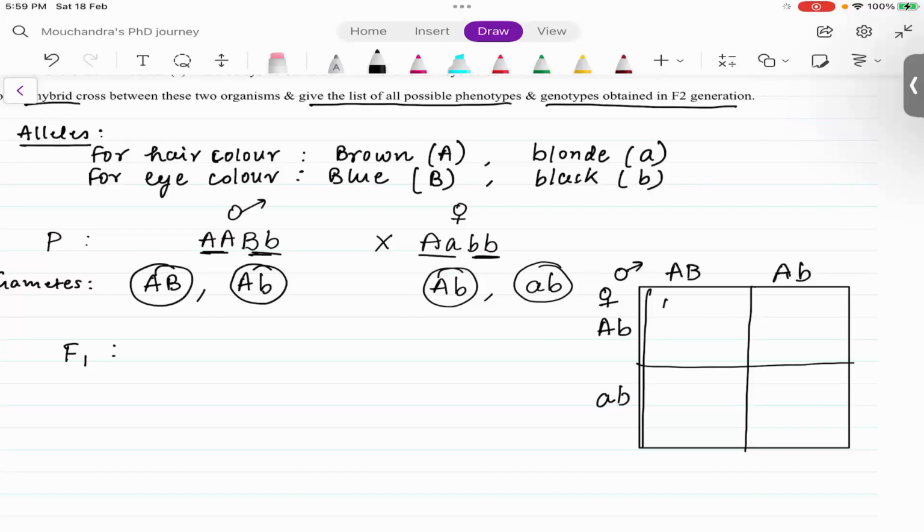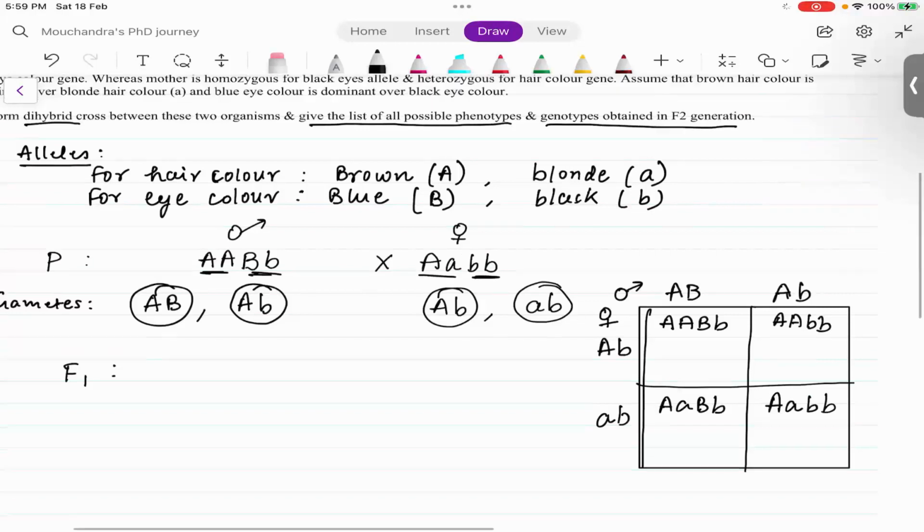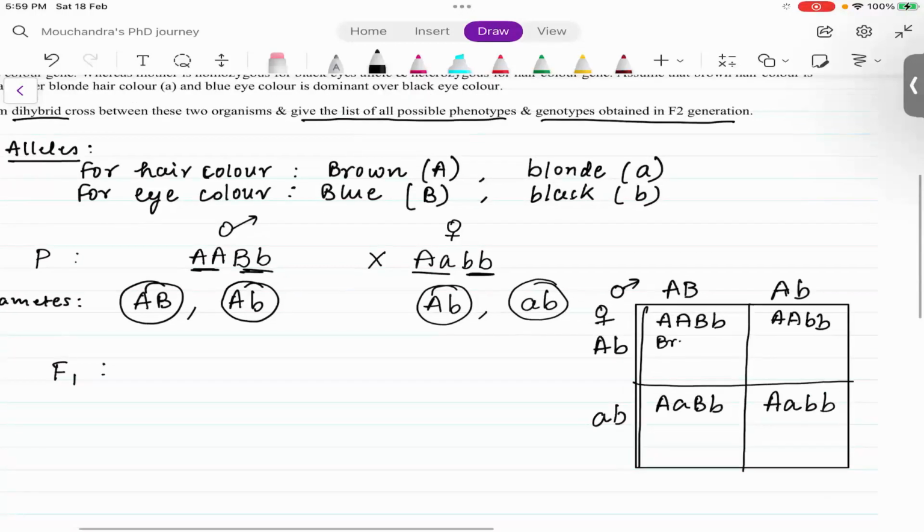And then we do what we have been doing all along: do combinations. So here, brown hair and blue eyes.